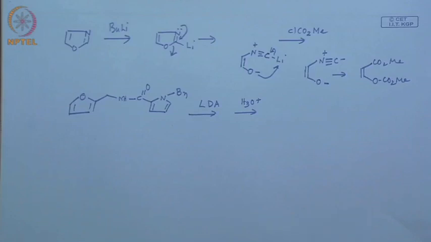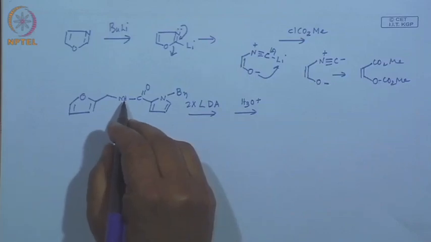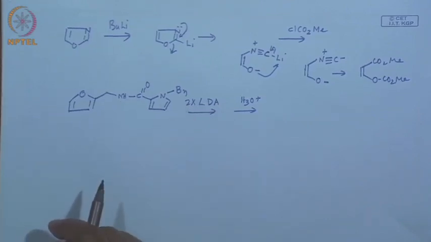So, what do you expect? Since you have already one NH here, an active hydrogen, you require two more equivalents of base. What do you expect?